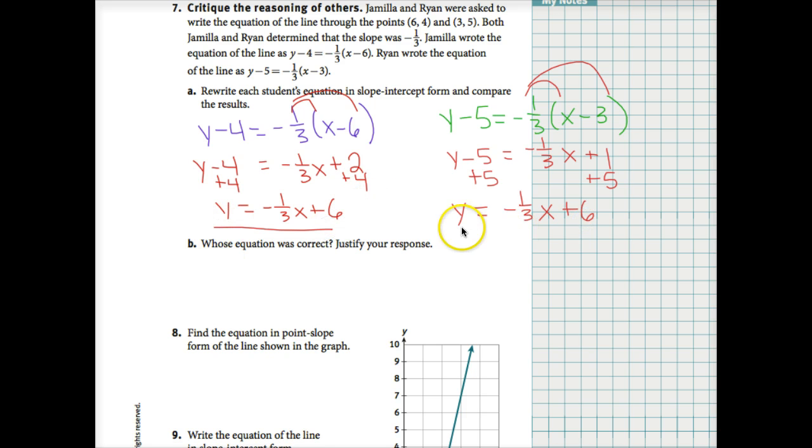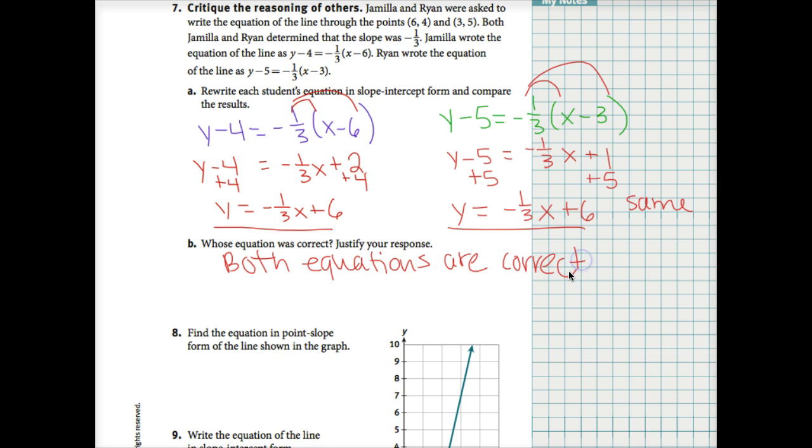So compare the results. Obviously, they're the same. So whose equation was correct? We would say that both equations are correct. The reason that their answers were different to begin with is because they used two different points, because we knew that (6, 4) and (3, 5) were both points on the line.